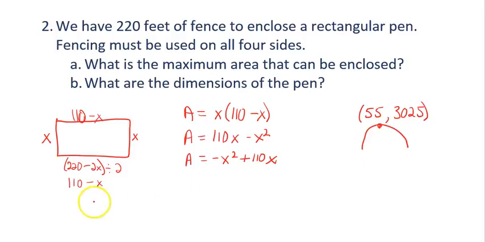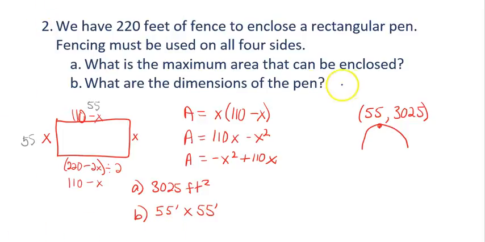And so I would answer with maximum area of 3025 square feet, and then my dimensions, when I plug in the 55, I have 55 on these opposite sides, and then 110 minus 55 is also 55. So this actually ends up to be a square, giving us the maximum area. So our dimensions are 55 feet by 55 feet.